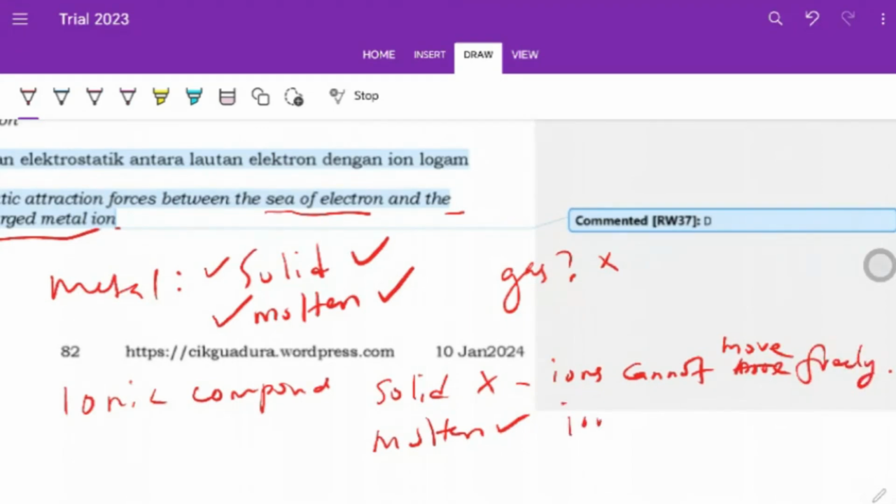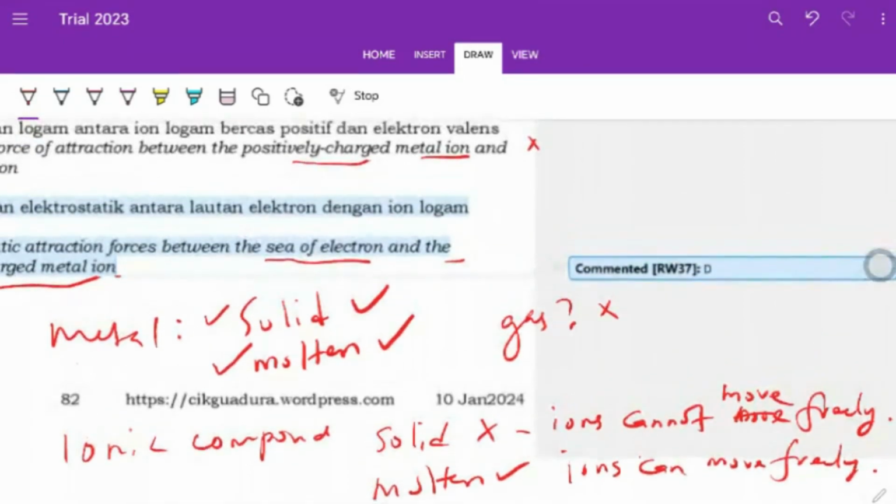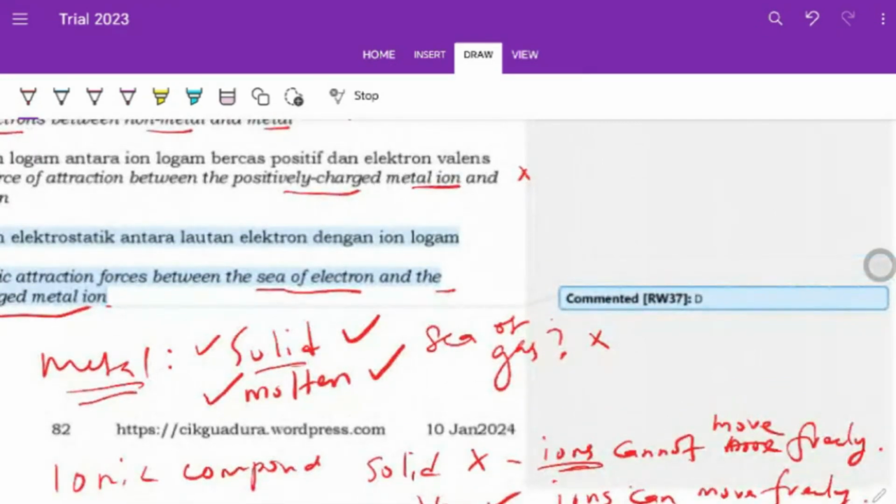In molten state, ions can move freely. Then for the metal, we are not going to use the ions. We use the sea of electrons to explain the electrical conductivity.